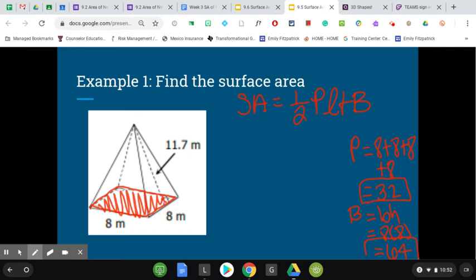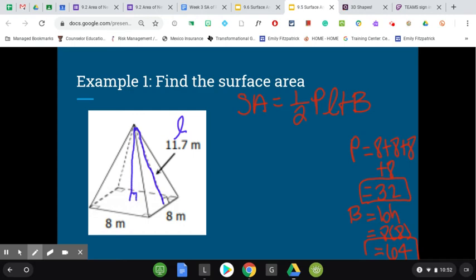Next is the slant height. A pyramid has 2 heights. It has a regular height, the one that tells you how tall the pyramid is, and then it has the slant height. The slant height is the one that goes down the side right here that I just outlined in blue, and it has a little arrow. That's our slant height. The regular height of the pyramid, which we don't need for surface area, but we will need for volume once we get there, is the one that goes down to the middle.